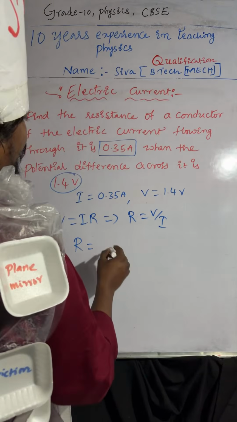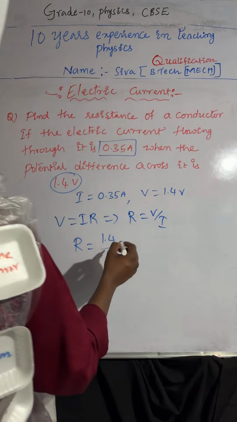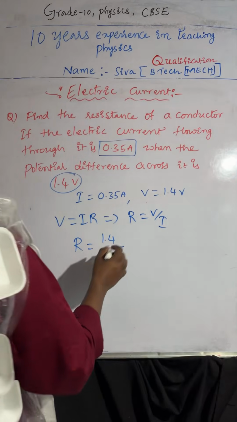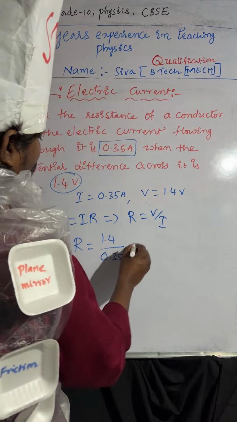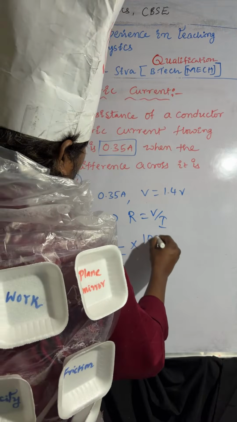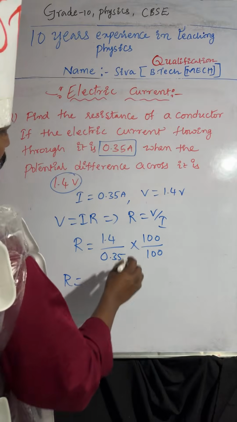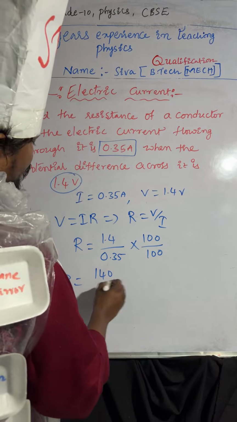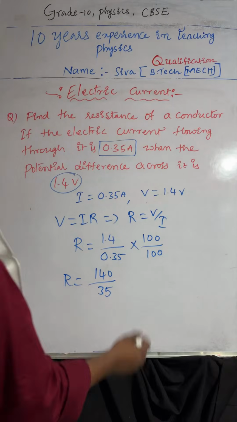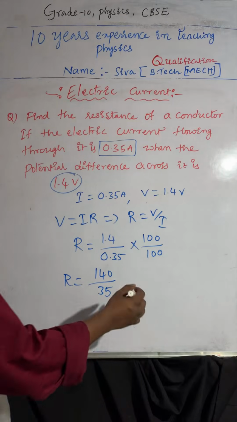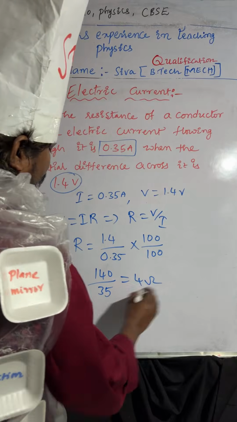R equal to V, how much? 1.4. Okay, and I equal to how much? 0.35. So multiply and divide by 100 to remove the decimal, so 140 by 35. So how much did you get? 4 ohm. Answer is 4 ohm.